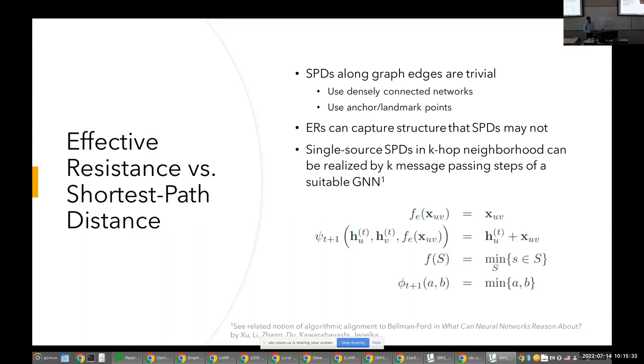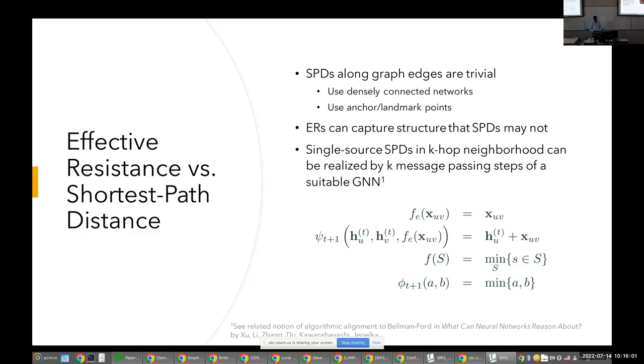And the other thing I want to note is that if you're looking at single source metrics, so single source shortest path distances, you can actually get this from a simple GNN, at least if you only care about shortest path distances to nodes that are not too far away. Okay, so within the k-hop neighborhood, you can get all distances by just doing k rounds of message passing with a suitable aggregation and combination function.